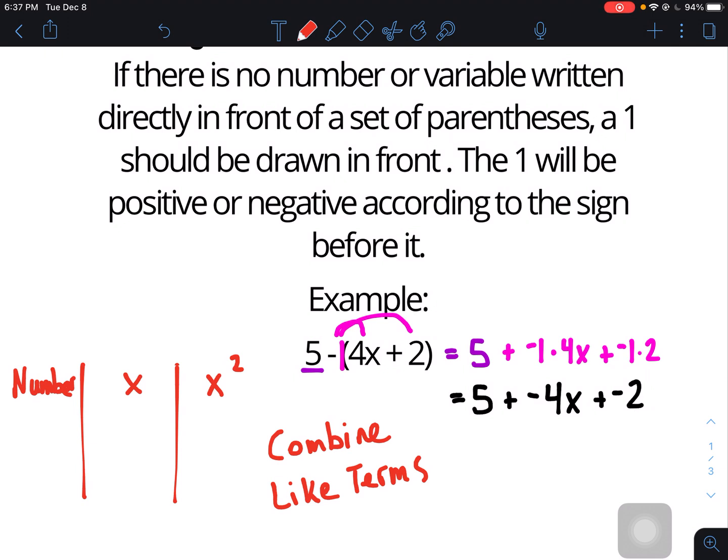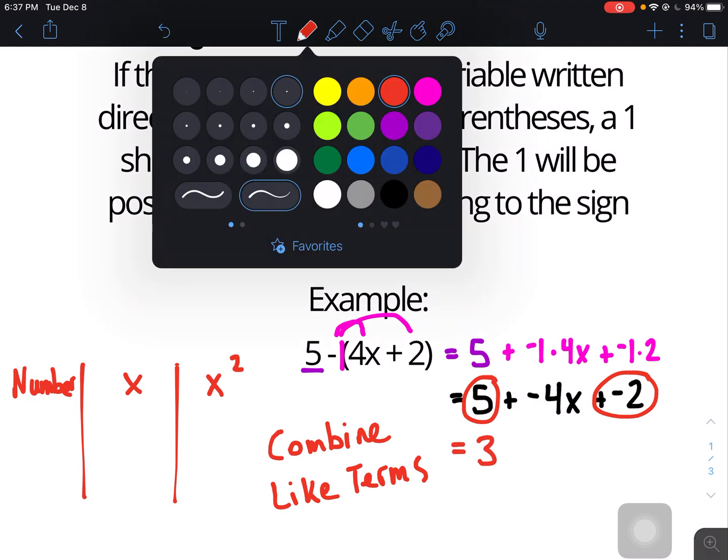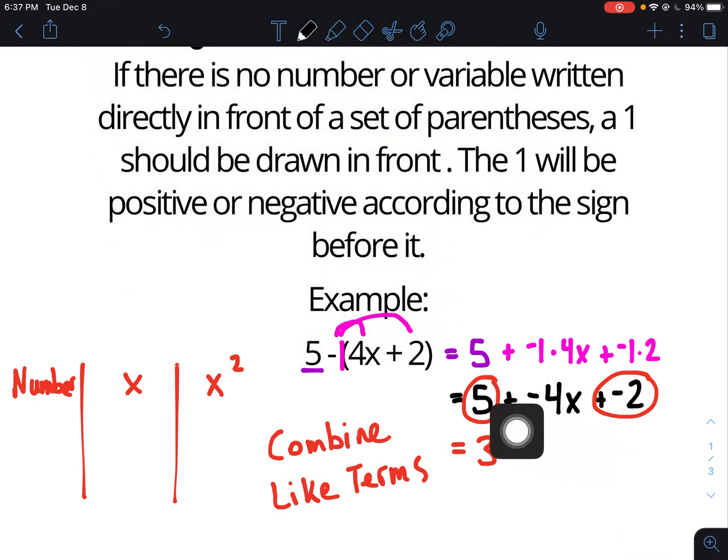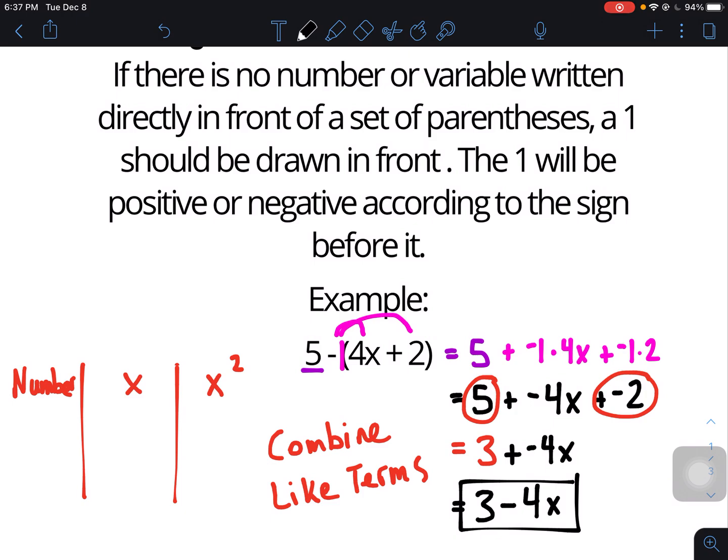So in this case, we have +5 plus -2. If we start at 5 and go down 2, we would have 3 plus -4x. There's no other x terms, so we can just leave that as plus negative 4x, or we can write it as 3 minus 4x, because it's the same thing.